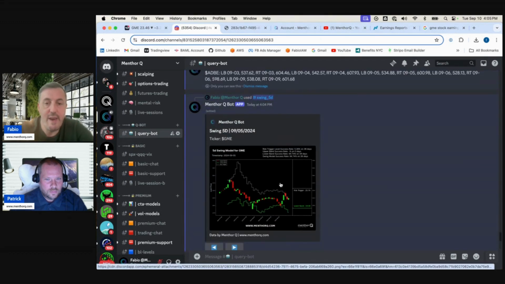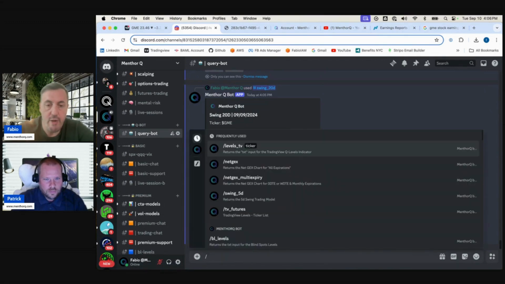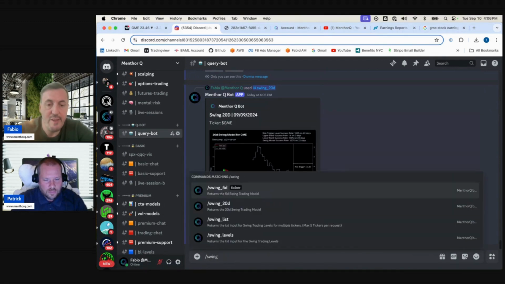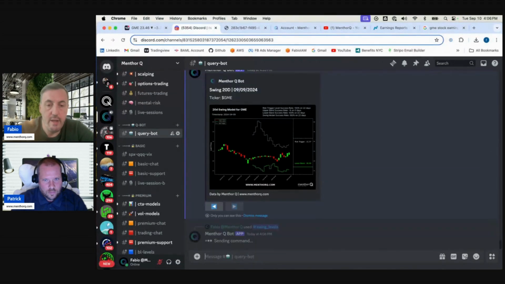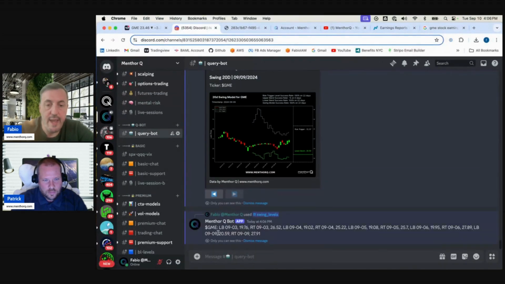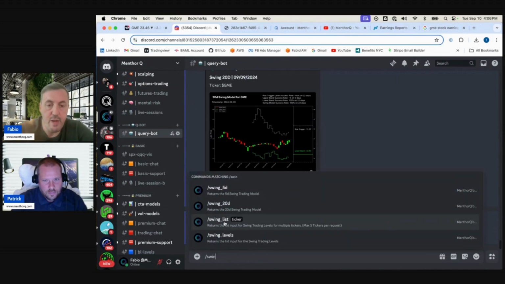Again, this is great, but everything is in a chart. So how can you bring this data directly into your TradingView or into your application? Very easy. I can type in my swing commands, and I can either type in my levels for a single stock right here, so I can get the code directly for our TradingView indicator, or I can type in our swing for a list.